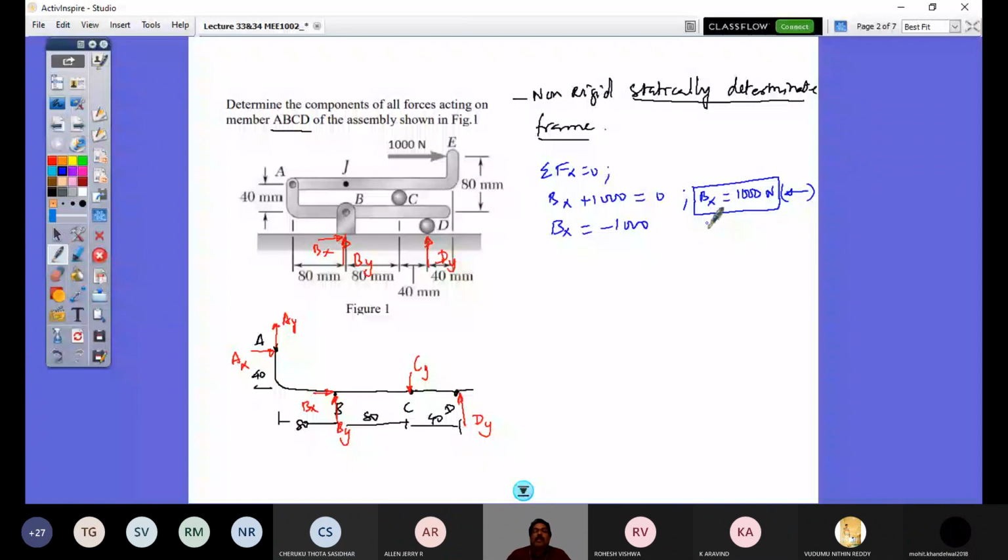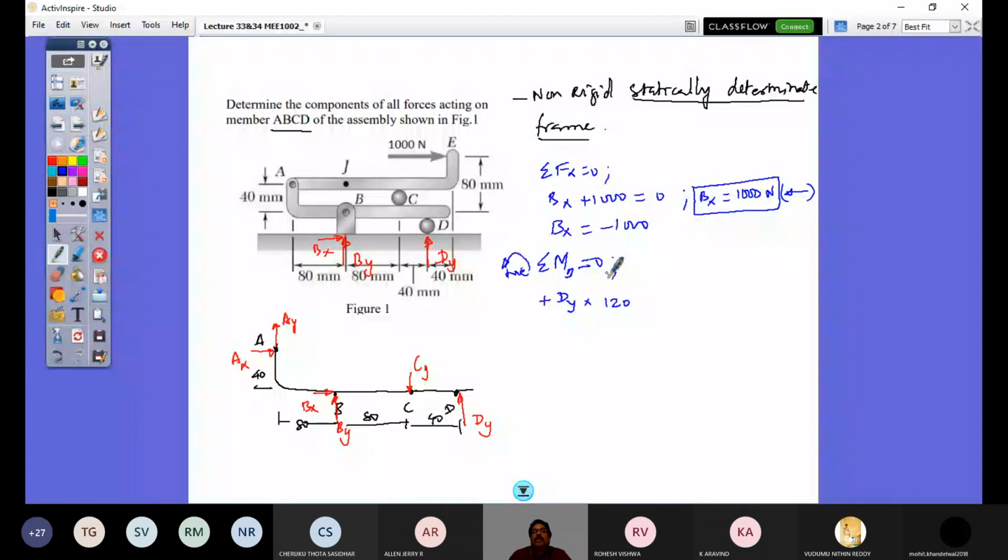Then I can take moment about point B and equate to 0, and I would be able to get Dy, because Bx and By will not participate in the equation. I would get Dy into the distance of D from point B, 80 plus 40, so 120 mm. The moment about point B is a counterclockwise moment, which is positive as we follow the convention.